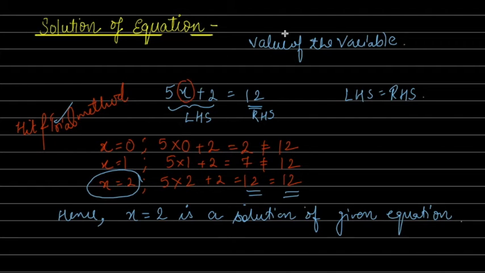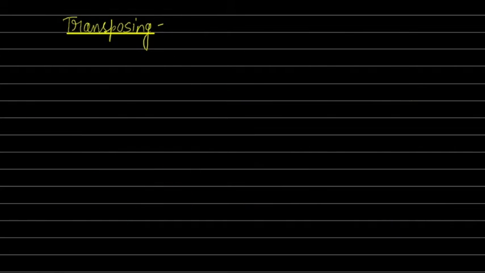Okay, so moving to the next explanation of this chapter, which is about the transposing of the terms. Transposing, as the word itself is explanatory, means shifting something. Suppose again I take 5x plus 2 is equal to 5.